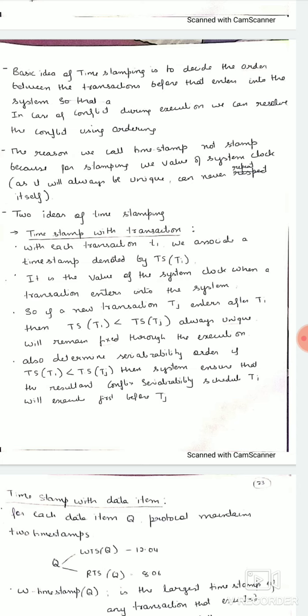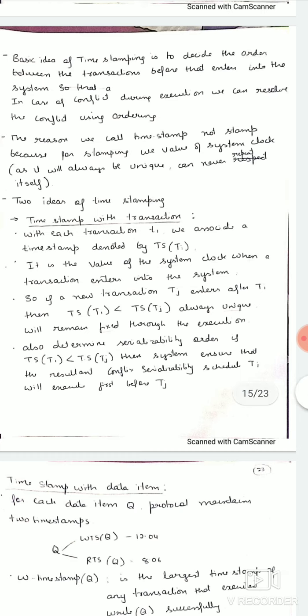The reason we call it timestamp, not just stamp, is that for stamping we use the value of the system clock. See, this I'll tell you. Whenever an instruction arrives, we are assigning a unique number which is not going to repeat. See, a unique time will be assigned. Suppose at 9 o'clock an instruction has occurred.